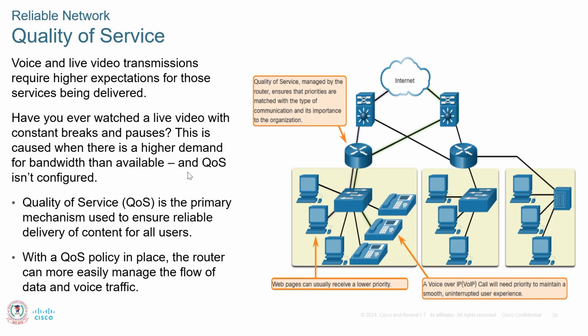So this helps the router to easily manage the flow of data and voice traffic within the network. If it says this company needs to use 10 megabits per second as bandwidth, there must be quality of service to ensure that the company gets its 10 megabits per second.